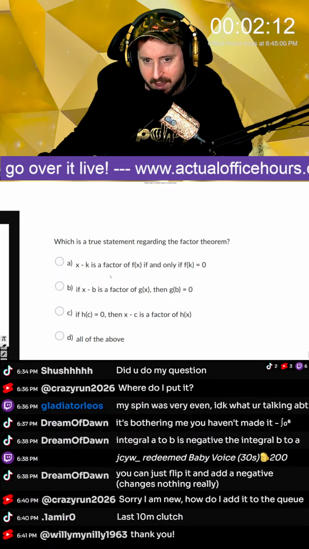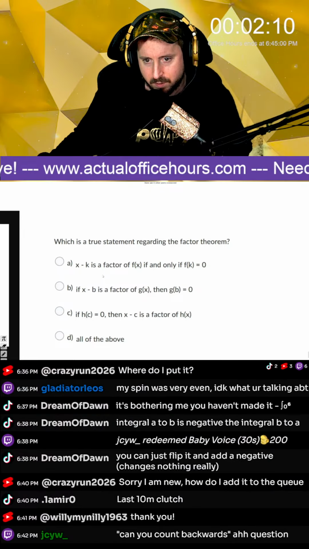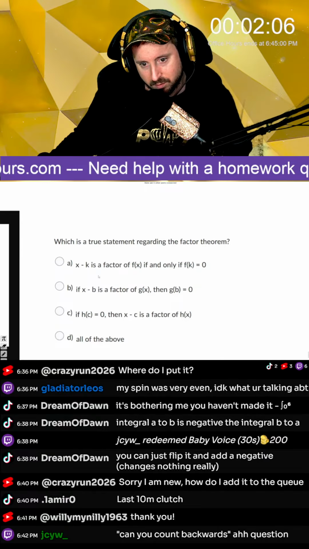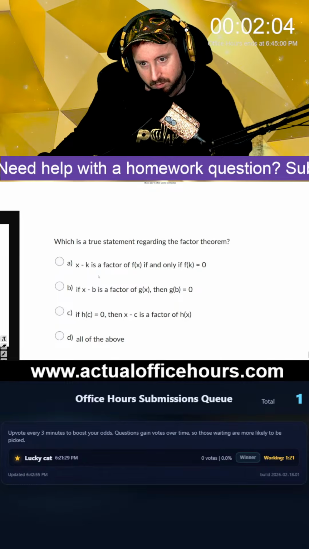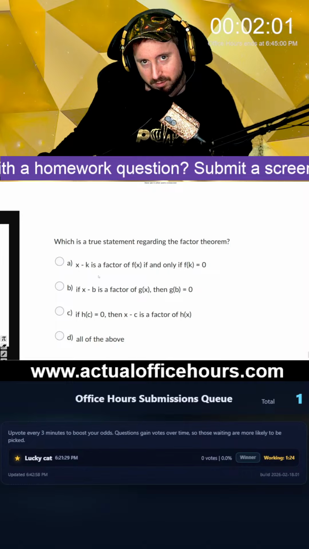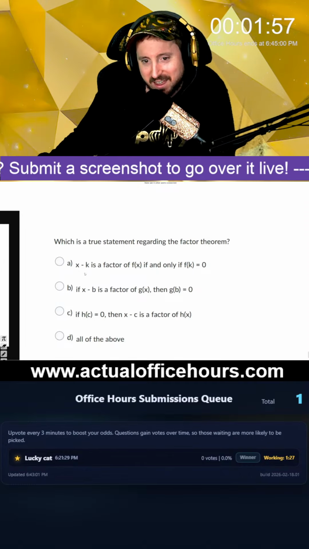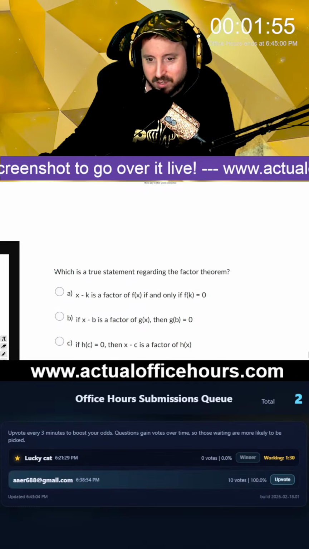X minus k is a factor if and only if f of k is equal to 0. Okay. If x minus b is a factor of g of x, let's think about how this works.